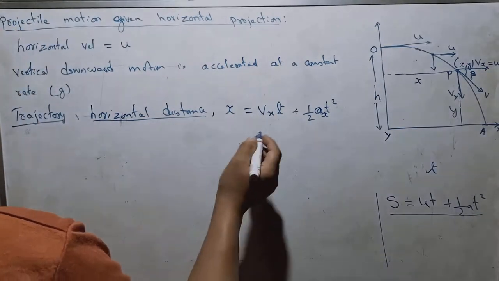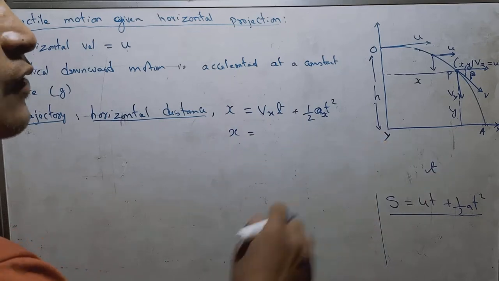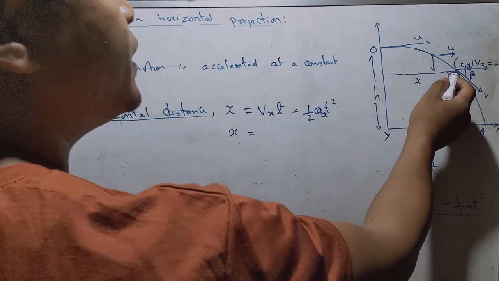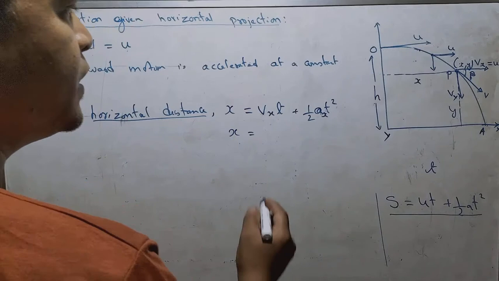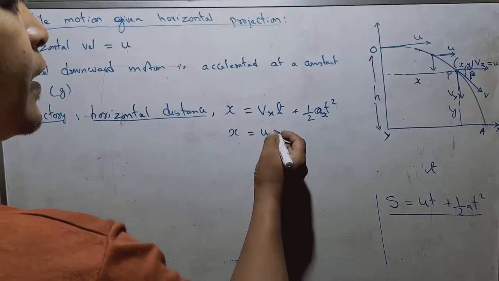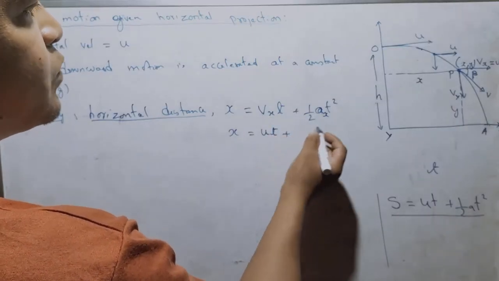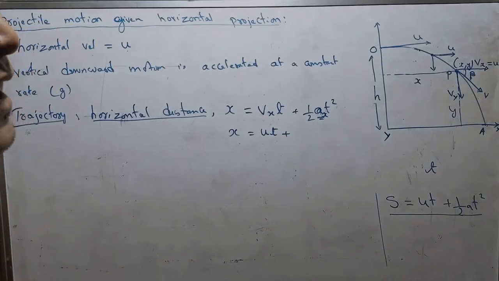But as I have already mentioned before, the horizontal velocity at any point along its path is equal to U. So instead of Vx, we write U and then T. Plus, what about Ax? Is there any horizontal acceleration?